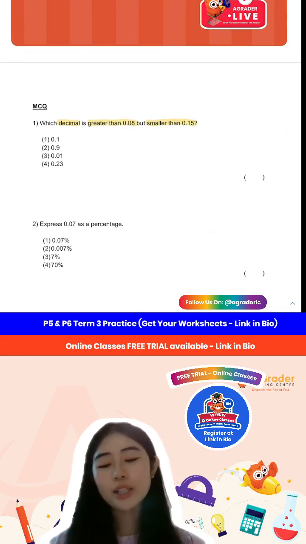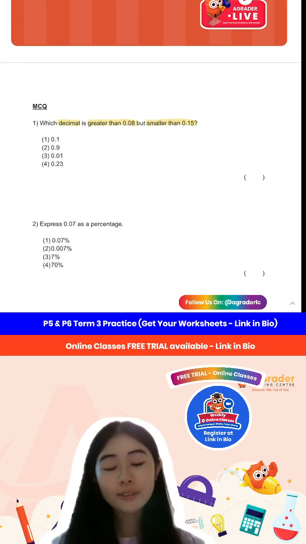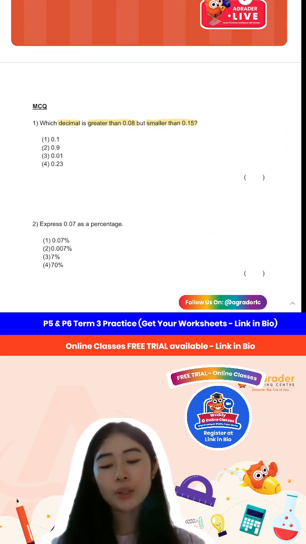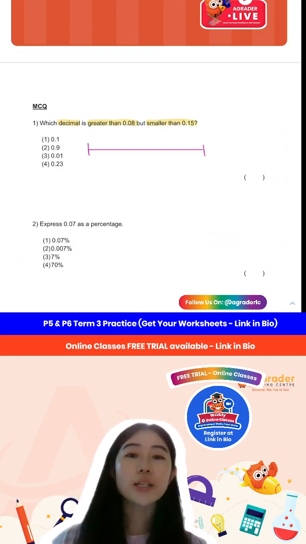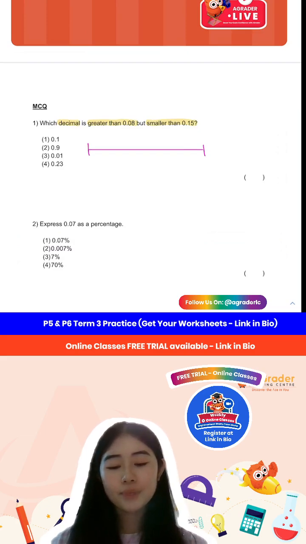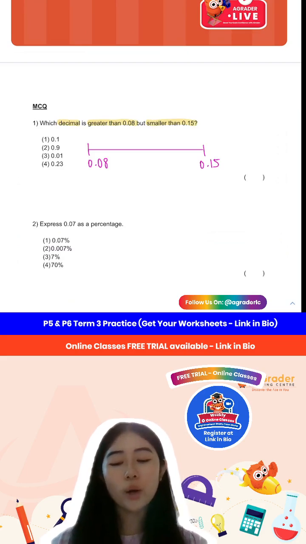All right, okay, good. Let's go through this. So most of you say it's option 1. Let's see whether it's correct. I'm going to draw a number line. You can have 0.08 over here, then 0.15 on the other side. So where is 0.1?